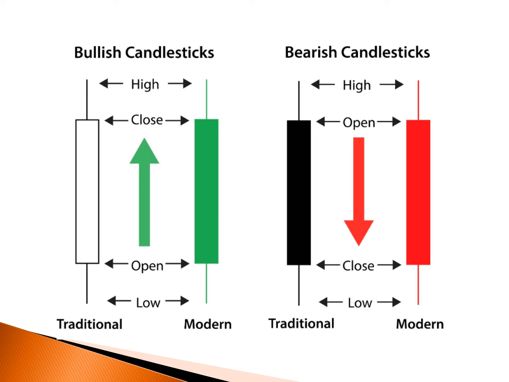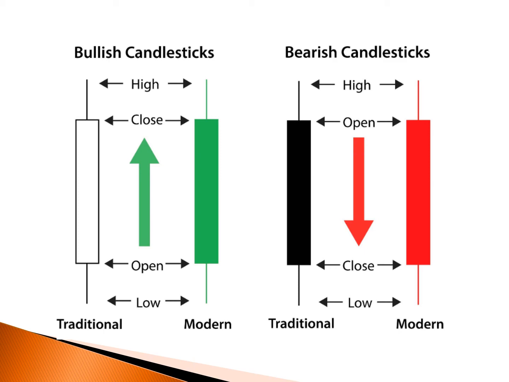Bullish candlesticks, I talked about it: stocks that go up are green. They represent the bullish candlesticks. Candlesticks that go down are red. They represent bearish candlesticks. Ultimately, one group is in control: either the bulls are in control, or the bears are in control. You also want to consider the size of the candlestick.